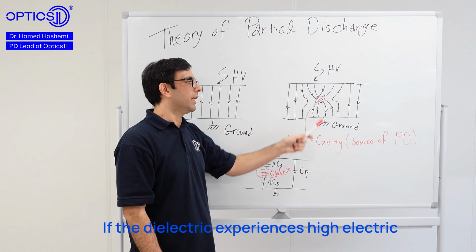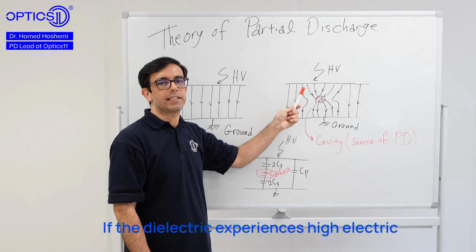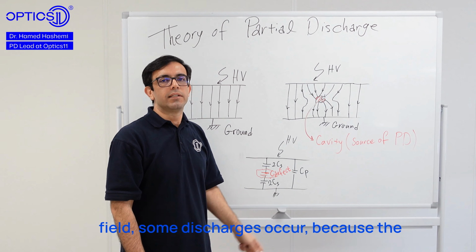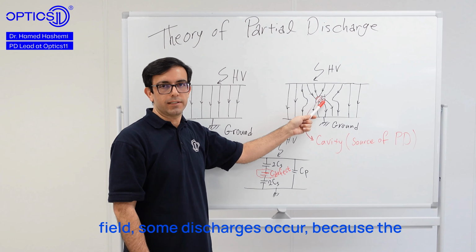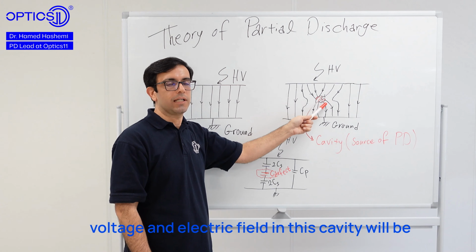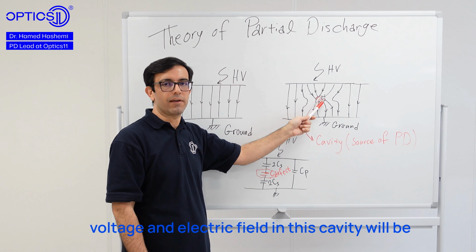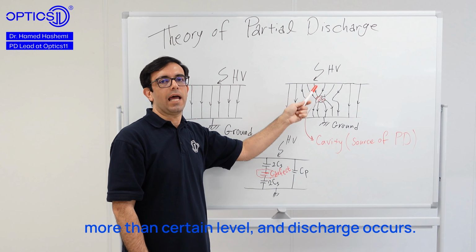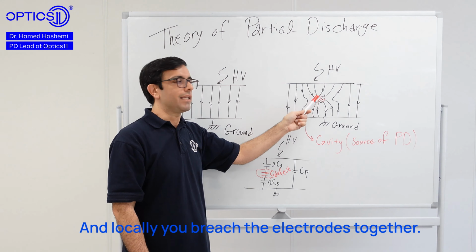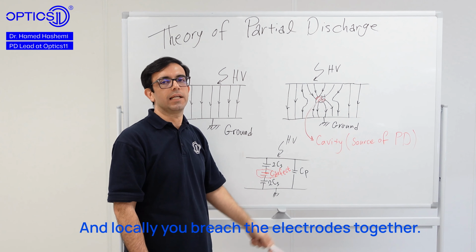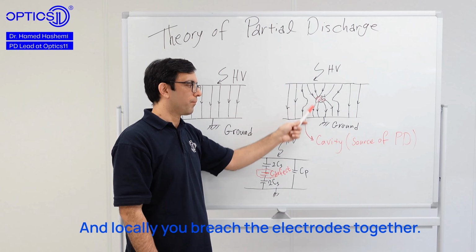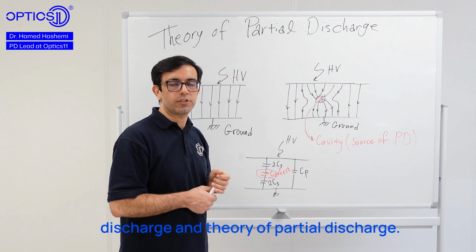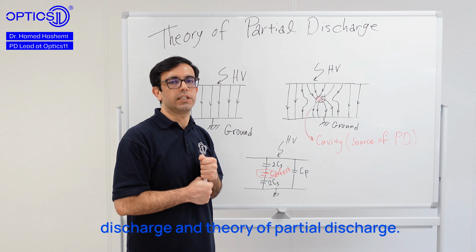And if the dielectric experiences a high electric field, some discharges occur, because the voltage and electric field in this cavity will be more than a certain level, and discharge occurs. And locally you bridge the electrodes together. And this is the concept of partial discharge and the theory of partial discharge.